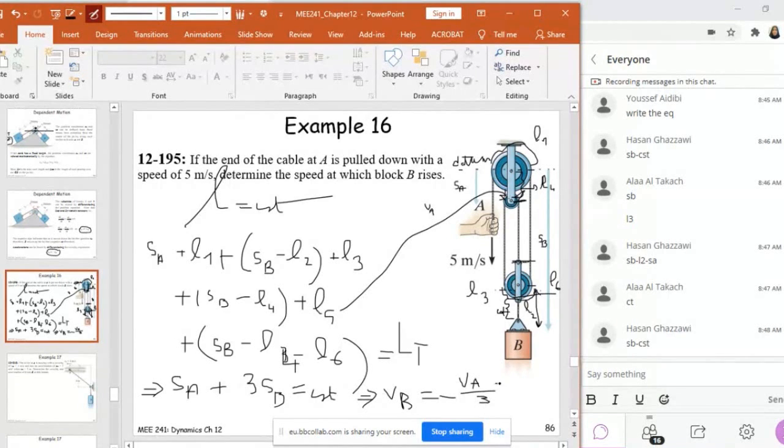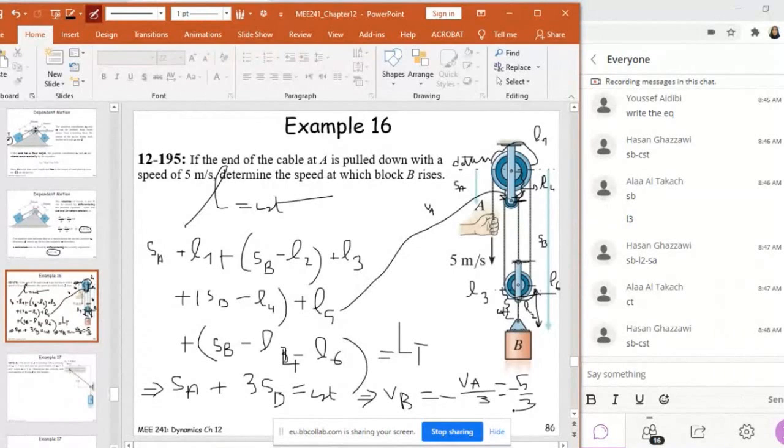And it should be in the opposite direction, because if I push A downward, B will be lifted. VA is here 5, so VB would be minus 5 over 3 meters per second. All right, guys, do you have any question?